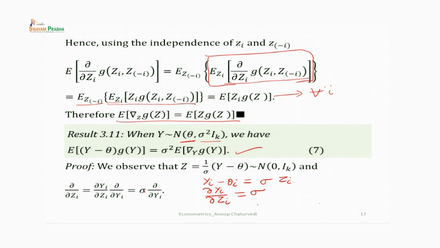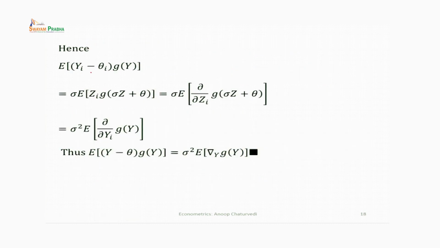So, del over del z i is equal to sigma times del over del y i. Hence, expectation of (y i minus theta i) g(y) is equal to sigma times expectation of z i g(sigma z plus theta), as y is equal to sigma z plus theta.